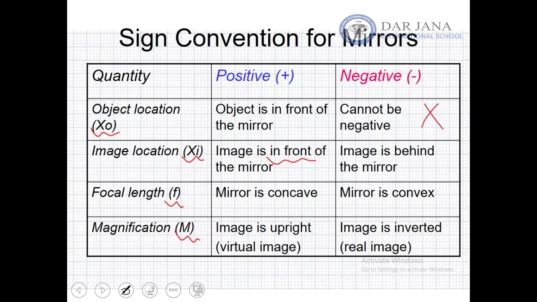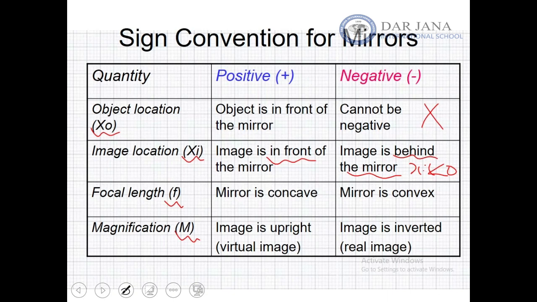Negative if the image is behind the mirror. Simply, if the image is behind the mirror, as we saw in case number 1, that's the one related to the convex mirror, xi in this case will be less than 0, negative.